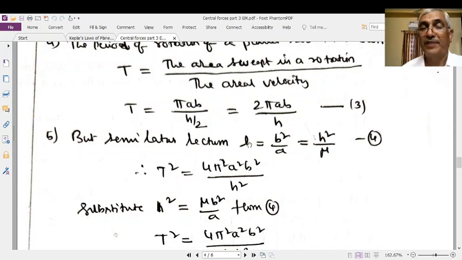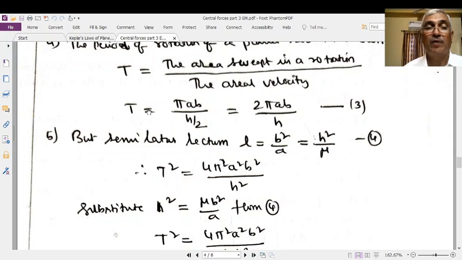In Kepler's first law, we obtained that in the case of planetary motion, the semi-latus rectum of the path of the planet l is equal to h square by mu. But from the properties of the ellipse, it is b square by a. Right. Therefore, we can write the value of h square. h square is equal to mu b square by a.